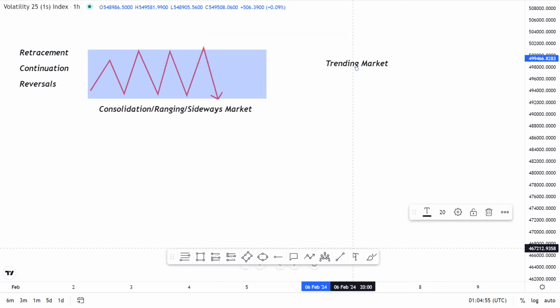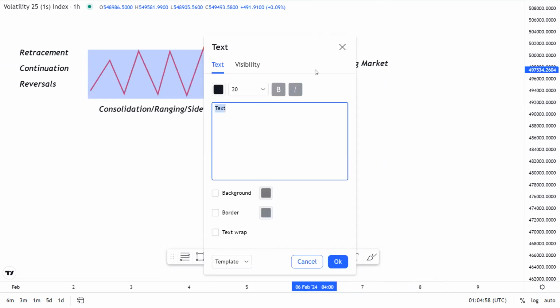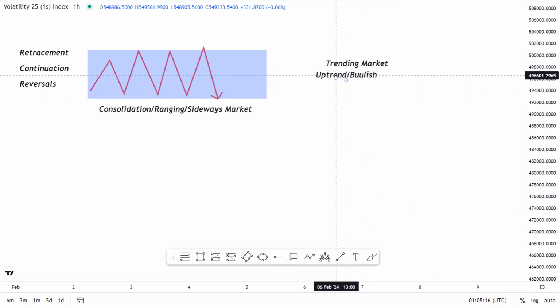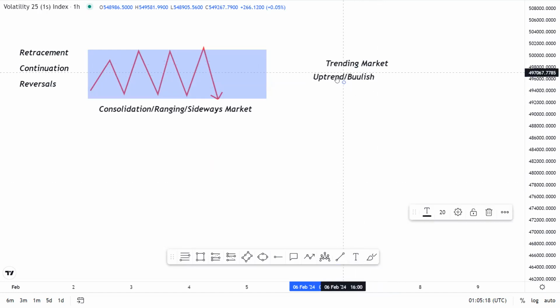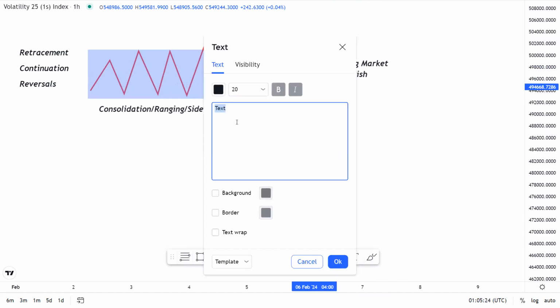As you must know by now, the trending market comprises two types: the uptrend or uptrending market, also called the bullish market, and then the downtrend or downtrending market, also called the bearish market.